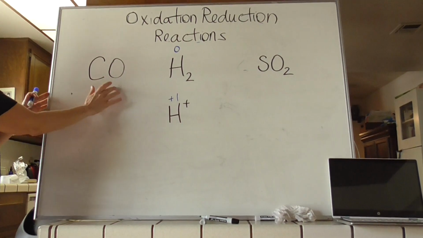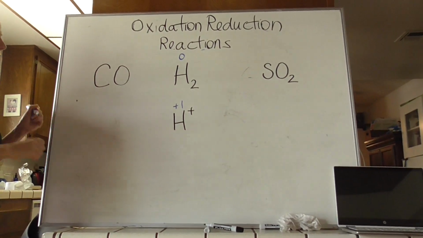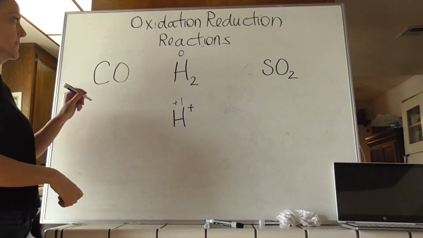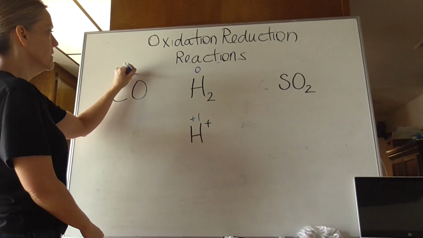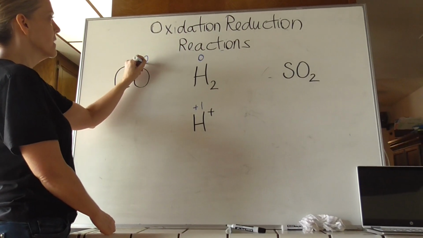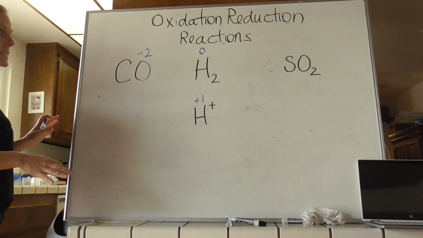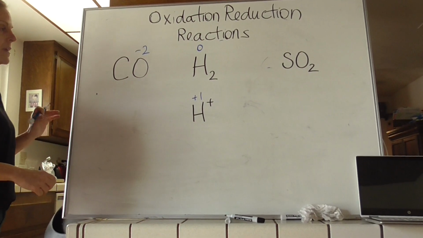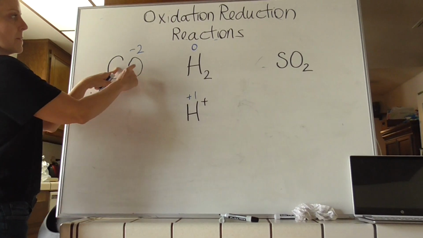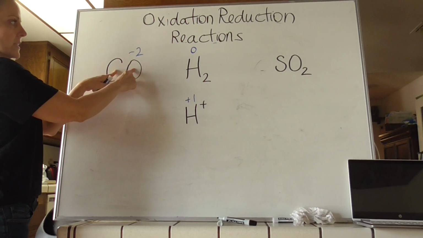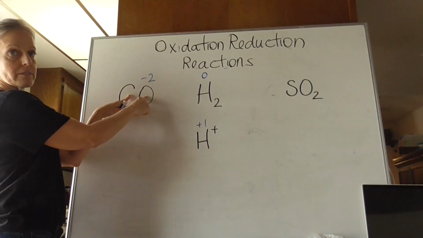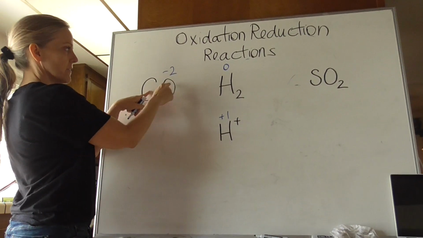When you have more than one element together, you have to know one of them to figure out the other one. So oxygen has the exceptions, but we're going to just not do any of the ones that are exceptions and say oxygen is -2. So what does carbon have to be to balance out that -2 on oxygen so that they cancel each other out? Because this doesn't have a charge written over here.